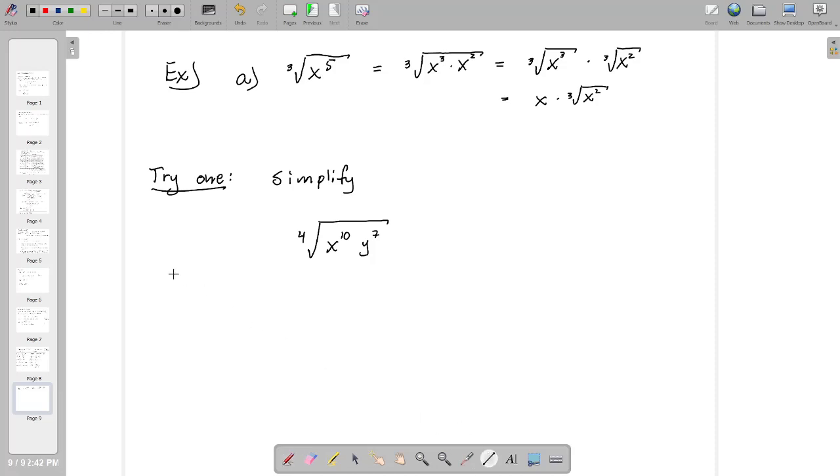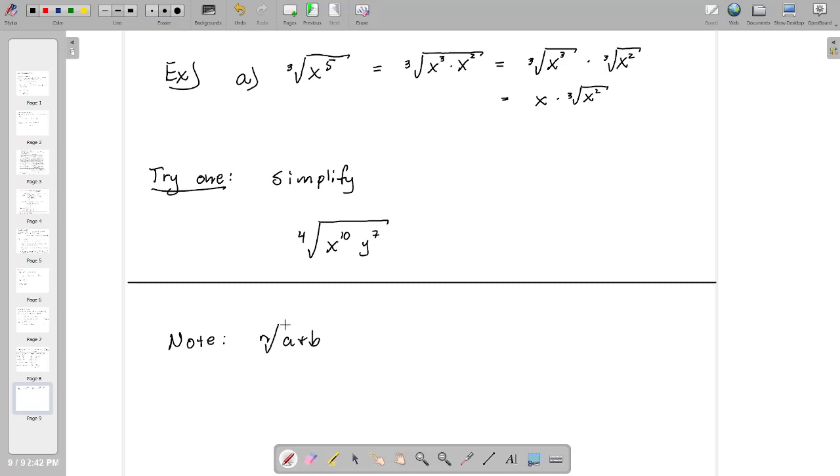I also need to make this note because it happens all too often. Many of you watching this video will fall into this category as well, so try to get ahead of this. Note that the nth root of a plus b is not equal to the nth root of a plus the nth root of b. This is a very, very common mistake.